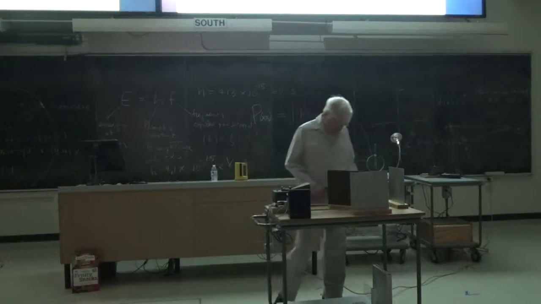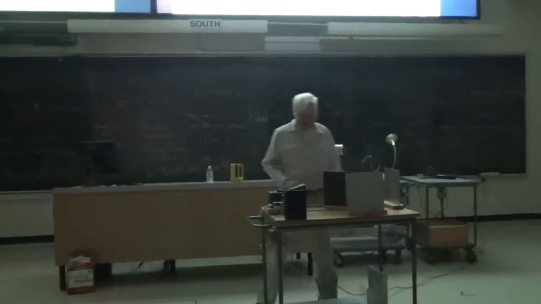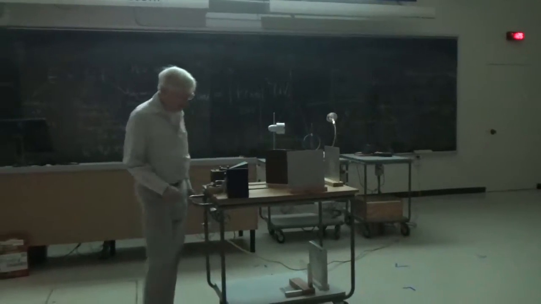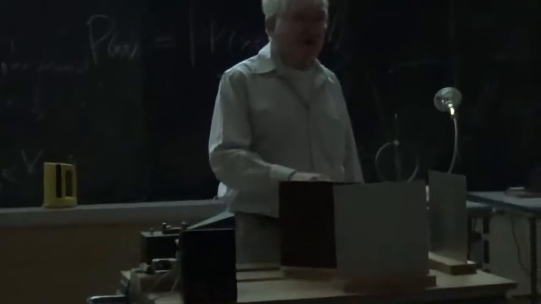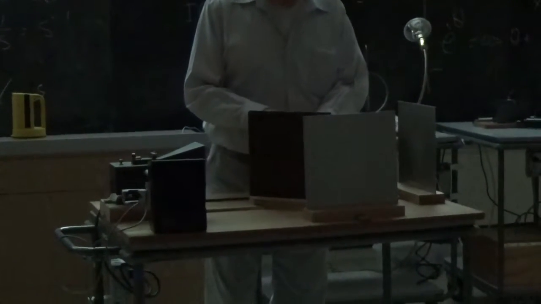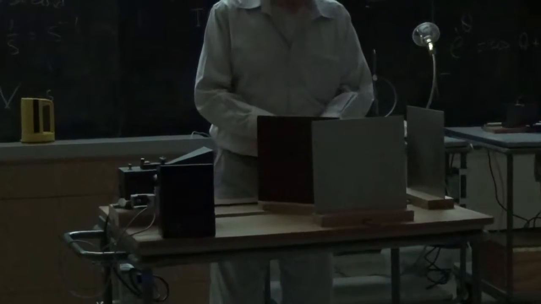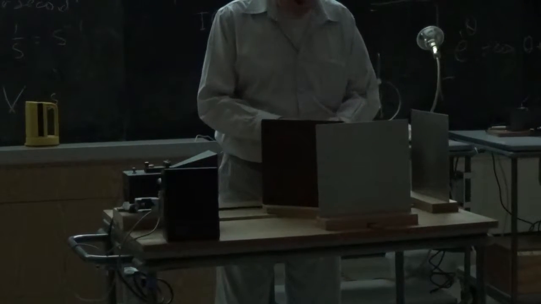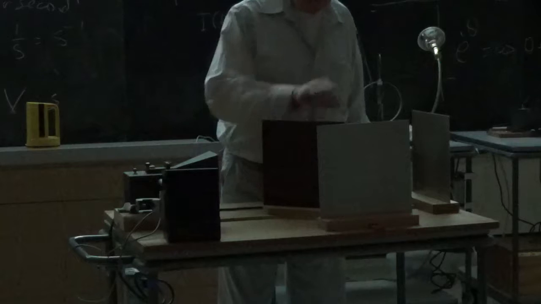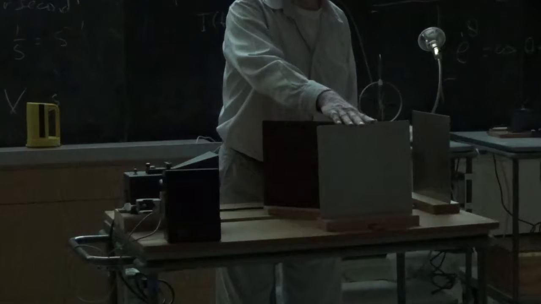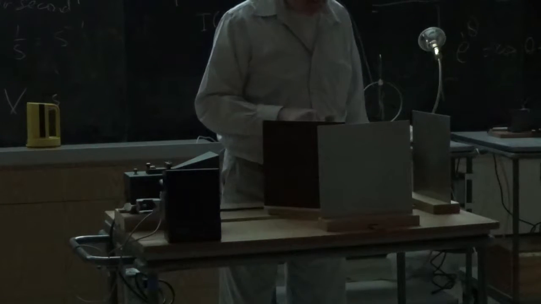Okay, so let me turn this on. And what do we have here? What we have here is a receiver and a transmitter. The transmitter is sending out 3-centimeter long radiation. So a wave goes out and bounces off this metal screen and comes back.